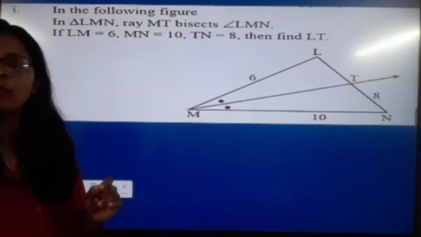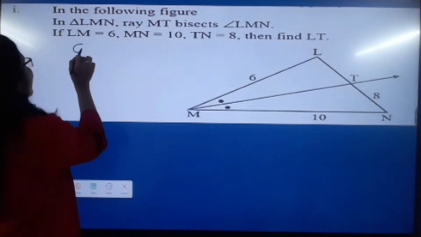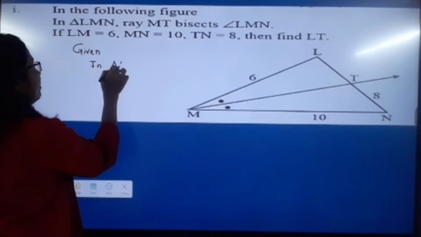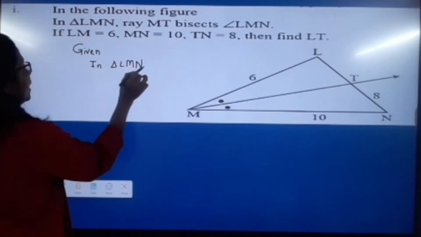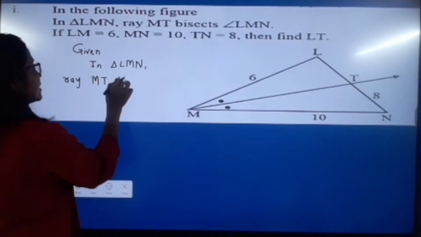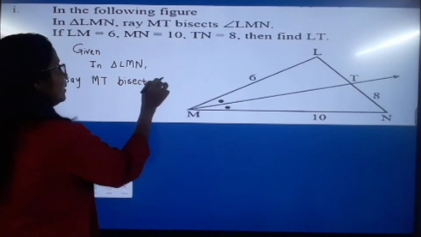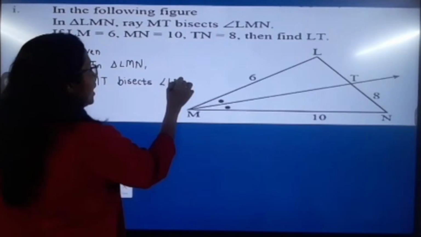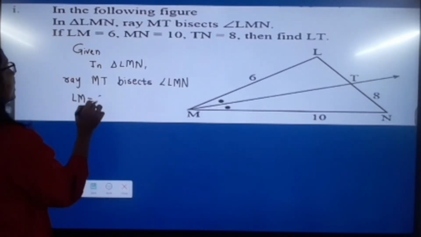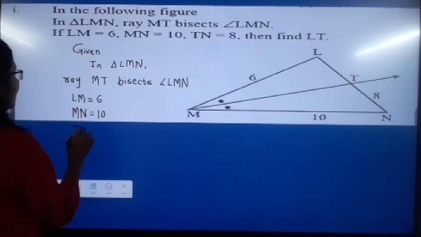Okay, so first we write down, students, the given. So here given is that in triangle LMN, ray MT bisects angle LMN, and LM is equal to 6, MN is equal to 10, TN is equal to 8, and then LT is equal to question mark.